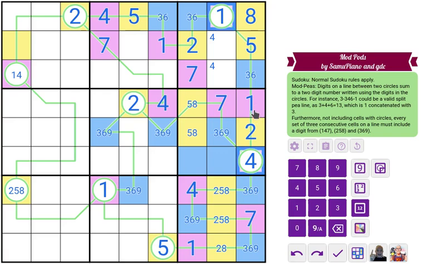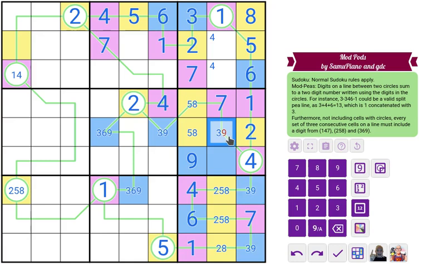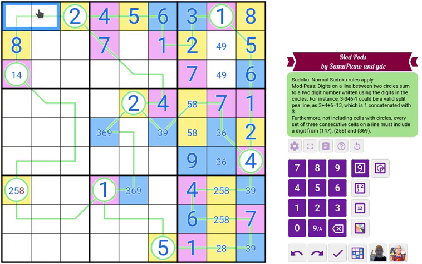So we have 8 and we still need 6. So 24.